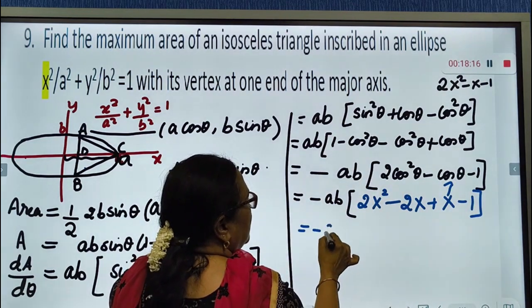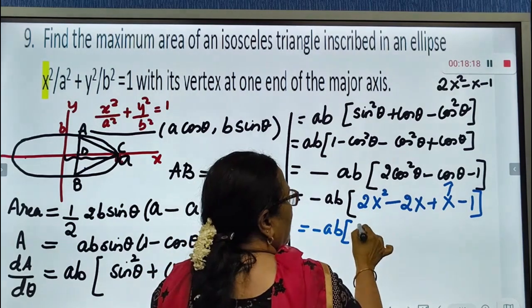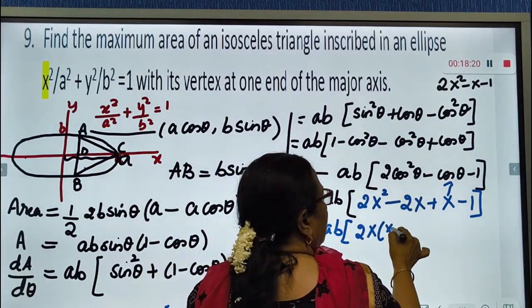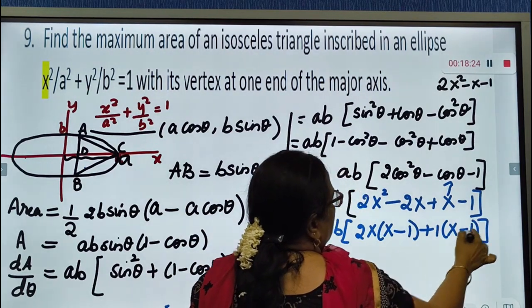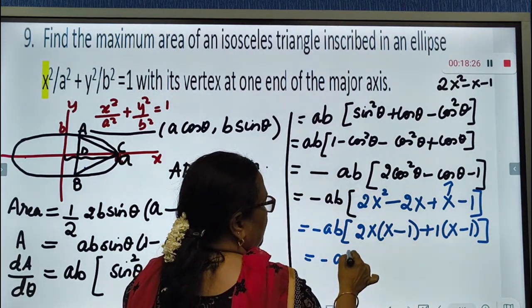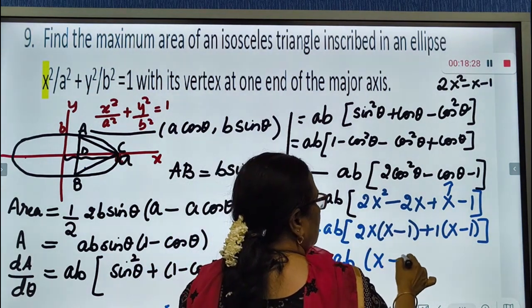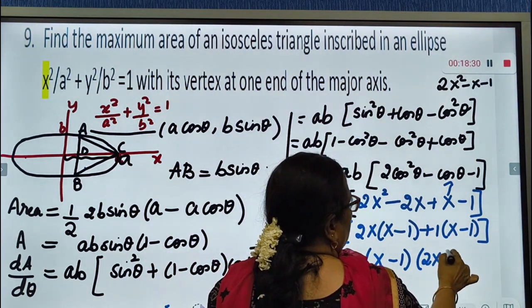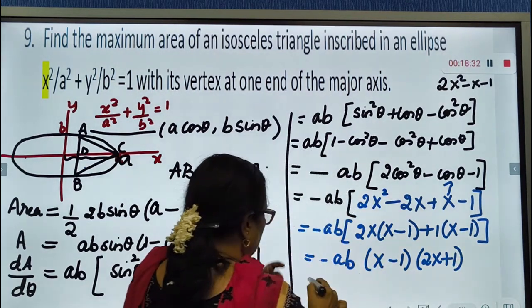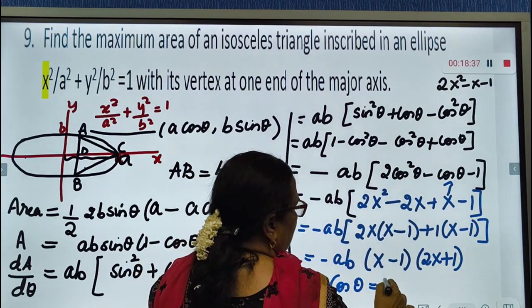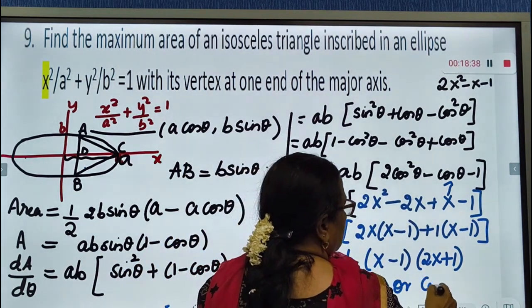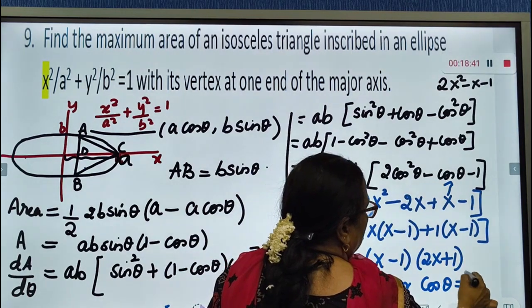So this will be minus AB into 2x into x minus 1 plus 1 into x minus 1. This is minus AB, x minus 1 into 2x plus 1 equal to 0, which implies x is 1, that is cos theta equal to 1 or cos theta equal to minus half.